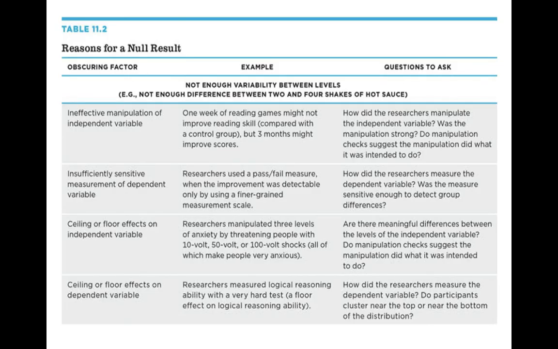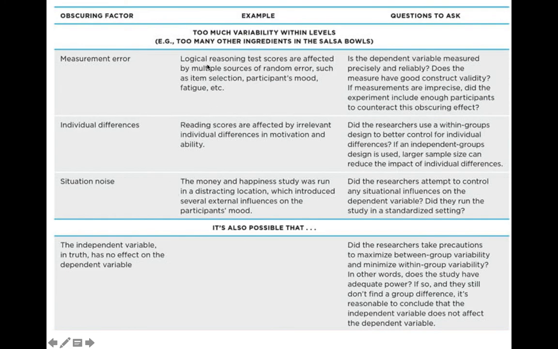All right, and this is just a summary chart. This is found in the chapter, but I think that it's useful. So this chart just reviews the reasons or the factors why there might not be enough variability between your levels of the IV. Okay, and then this chart is reasons or factors why there might be too much variability within groups or within levels.